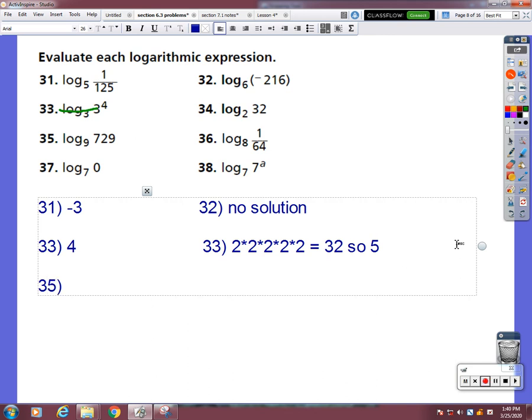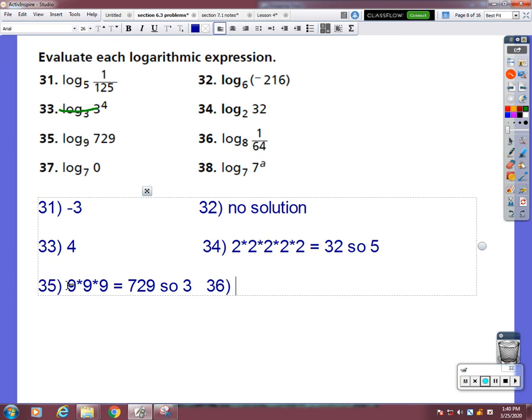Okay. 35 says log base 9 of 729. So how many times do I have to multiply 9 by itself to get 729? 9 times 9 is 81. Times 9 is 729. So that means 9 to the third. So 3 is my answer there.